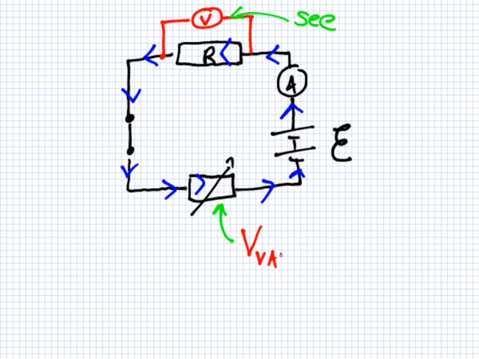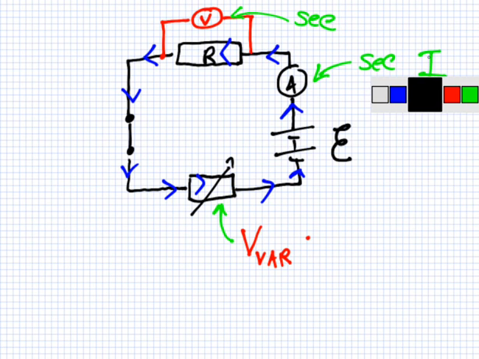I don't tell you the voltage of the battery, okay? So let's just say it's E here. You know the voltage here because you can see it on the voltmeter. Do you know the voltage here?